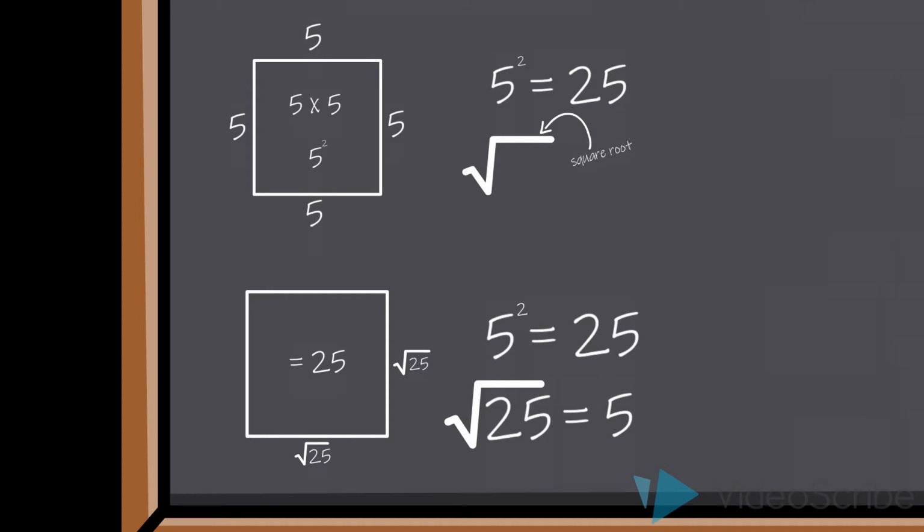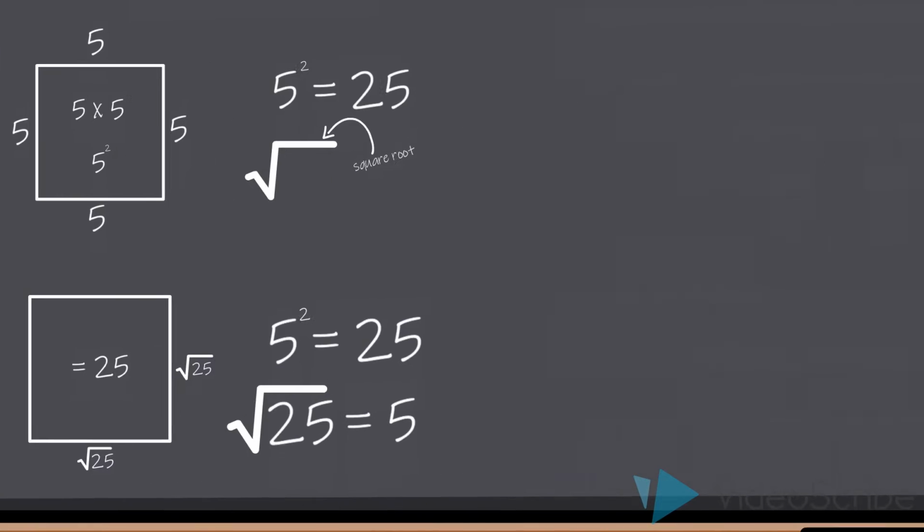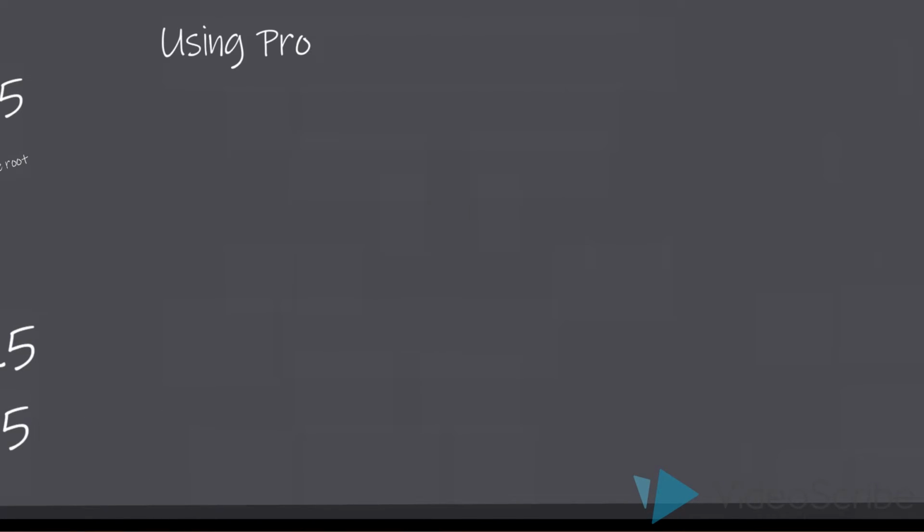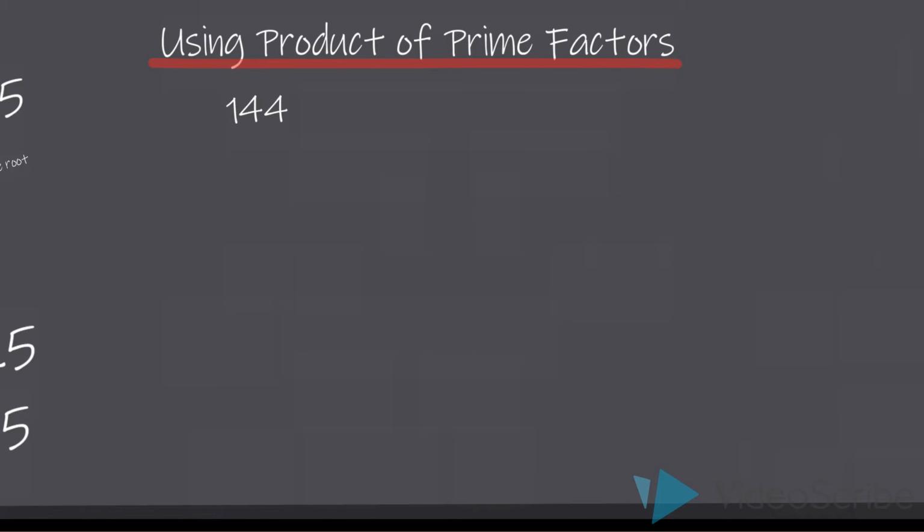One way we can find the square root of a perfect square is using our product of prime factors. For example, 144 can be rewritten using product of prime factors as 2 times 2 times 2 times 2 times 3 times 3. To find the square root, I need to divide these factors into two equal groups.